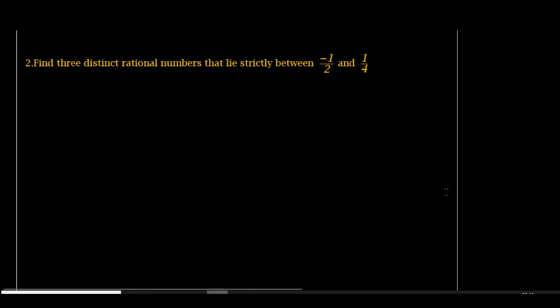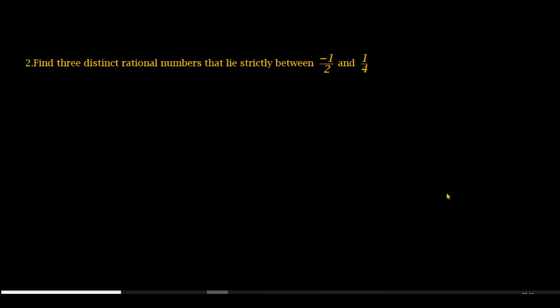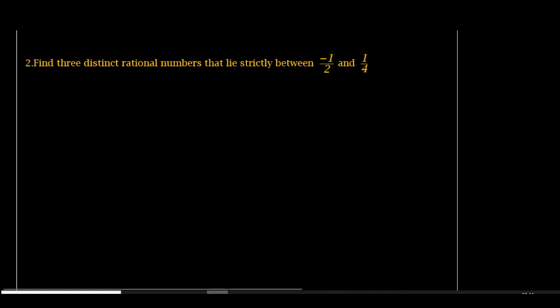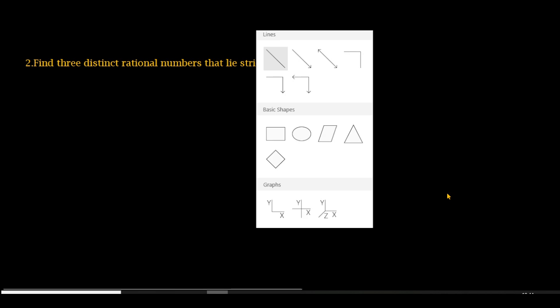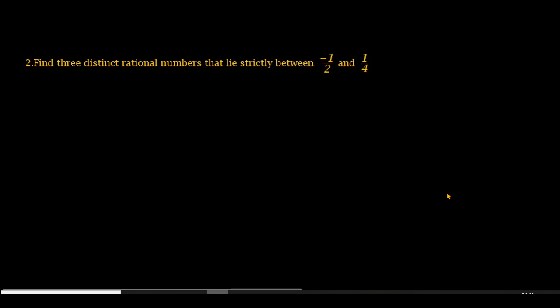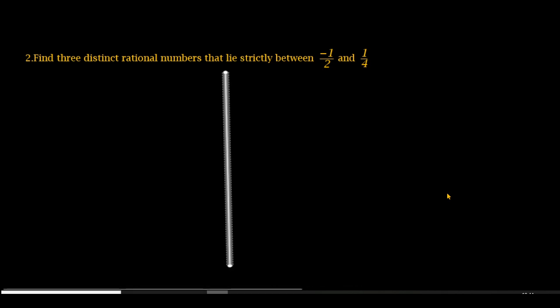Now look at the next question. What is given? 3 distinct rational numbers that lie strictly between minus 1 by 2 and 1 by 4. Okay, there are two ways to find the numbers.